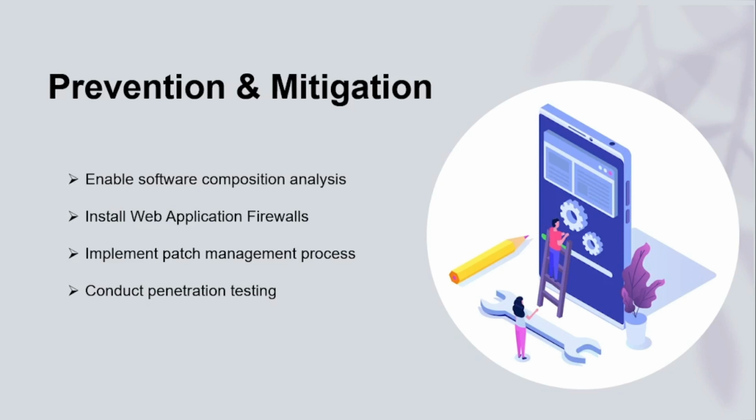And fourth, conduct penetration testing. Penetration testing is a planned attack on an information system where security experts take the same approach as an attacker to find the weaknesses and crucial vulnerabilities. By proactively hunting for vulnerable web components, you can address cybersecurity issues and fix them before the system is deployed.